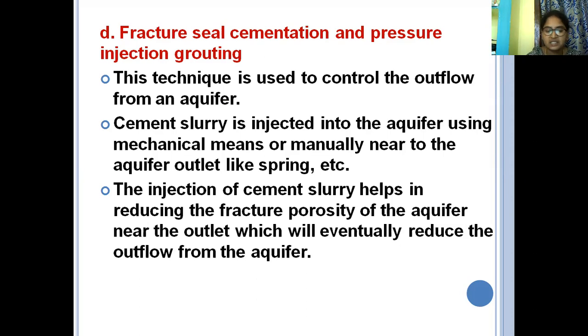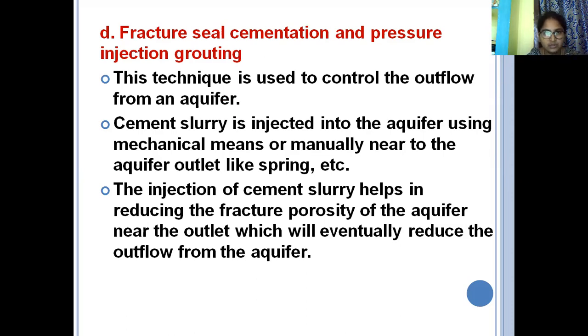And what is the role of artificial recharge and percolation tanks? Increase in the volume of water in the aquifers in a short period of time by increasing the infiltration into the ground.